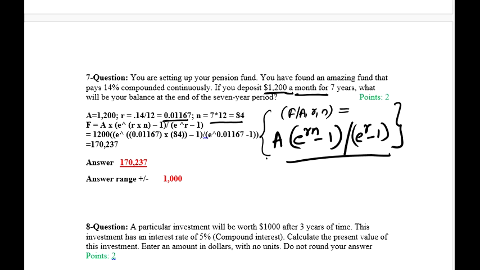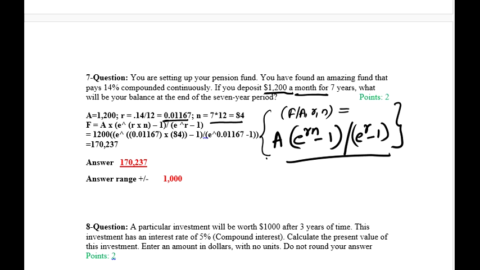Question 7. You are setting up your pension funds and you have found an amazing fund that pays 14% compounded continuously. If you deposit $12,000 a month for 7 years, what will be your balance at the end of the 7-year period?